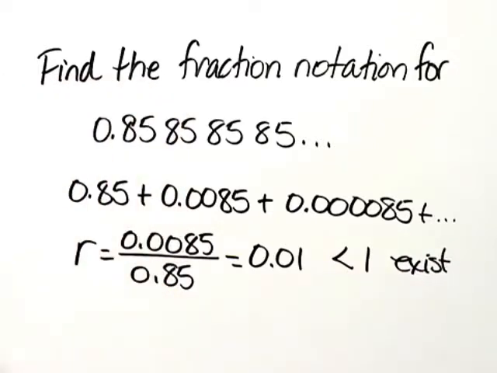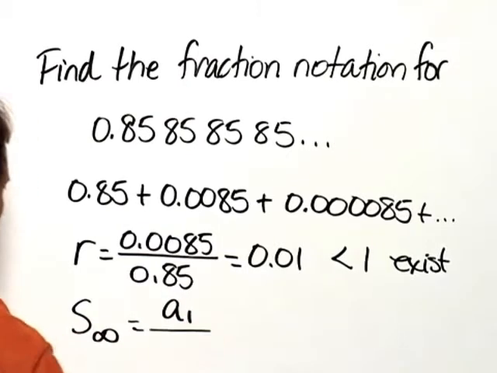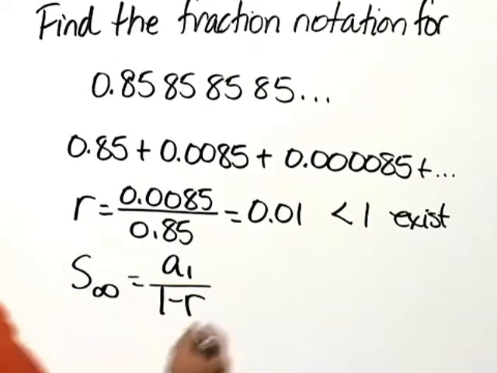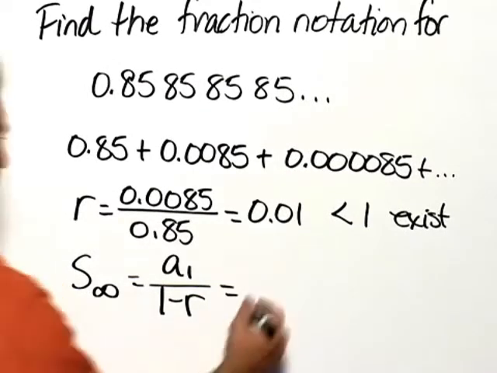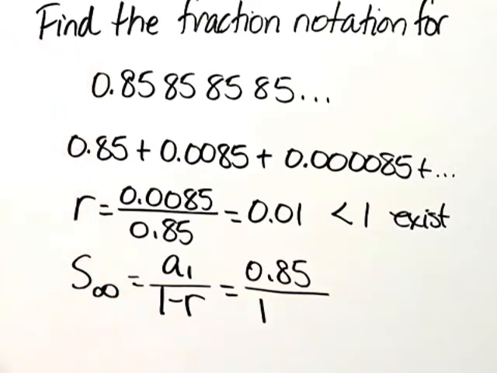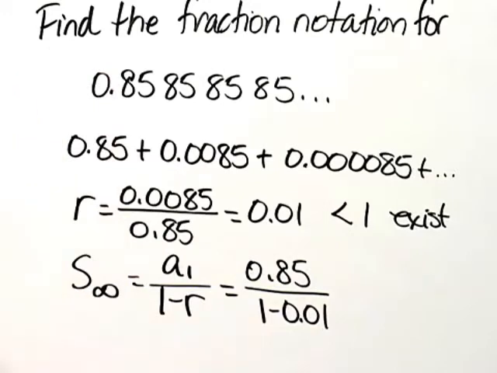And so now we use the formula S sub infinity is equal to a sub 1 divided by 1 minus r. In this case, a sub 1 is 0.85 divided by 1 minus r, so that would be 1 minus 0.01.